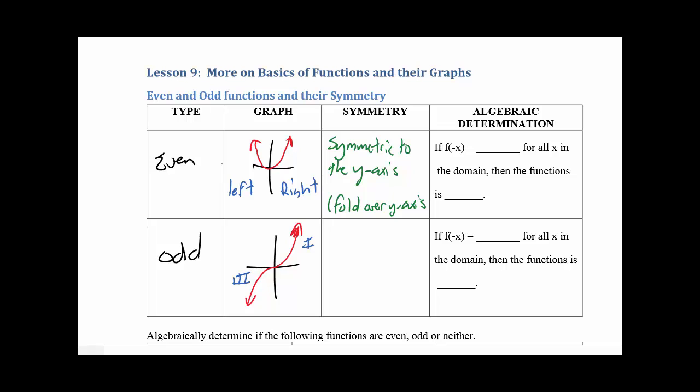In an odd function, we refer to that as symmetric about the origin. And if you like that folding idea, then you'd have to fold it twice. So you fold it over the x and the y-axis at the same time, and you should notice the same image.